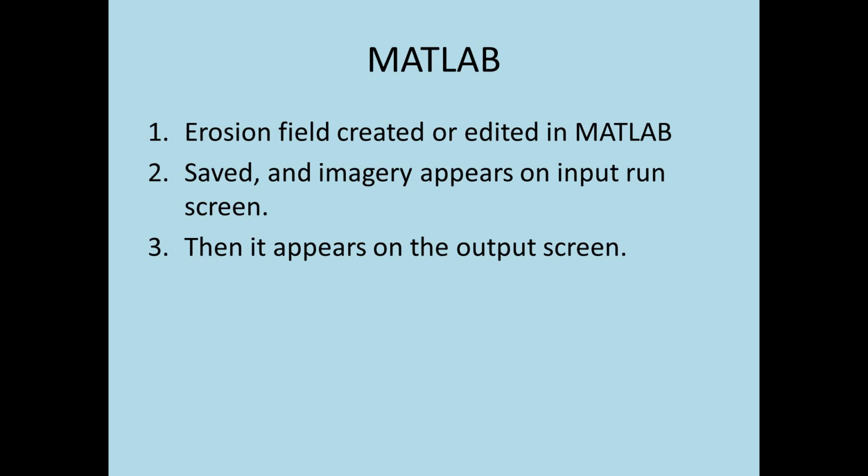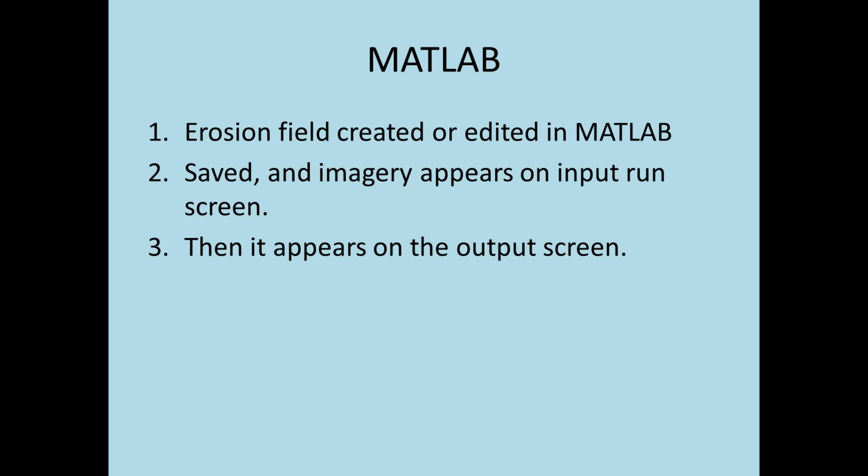In MATLAB we can create an erosion field. There's a dialog box where the erosion field can be imported or created, and there's also a dialog box where it can be edited and then saved for future use. So once it's been made ready to use in this dialog box, it's saved, and at that point it becomes the active erosion field for migration modeling.